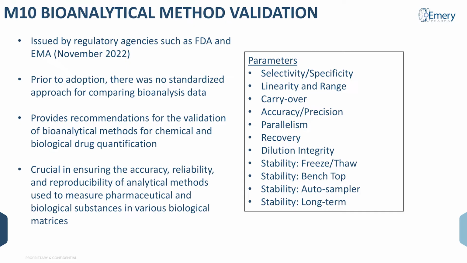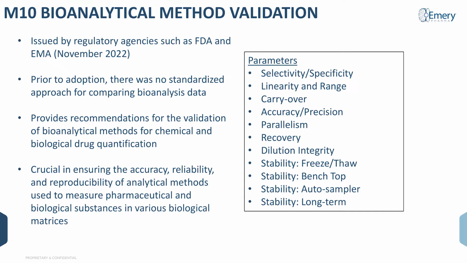What this does is it provides recommendations for the validation criteria that we must consider when we do bioanalytical method validation for both chemical and biological drug quantification. Following this guidance document is absolutely crucial in ensuring the accuracy, reliability, and reproducibility of our analytical methods.